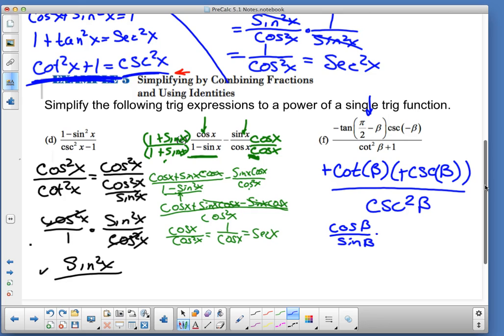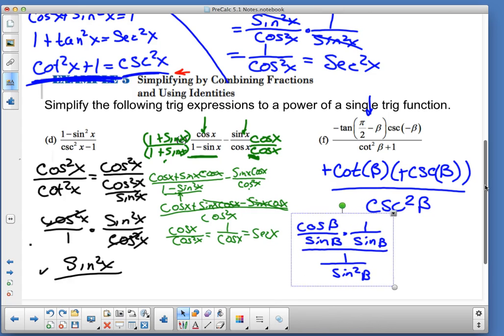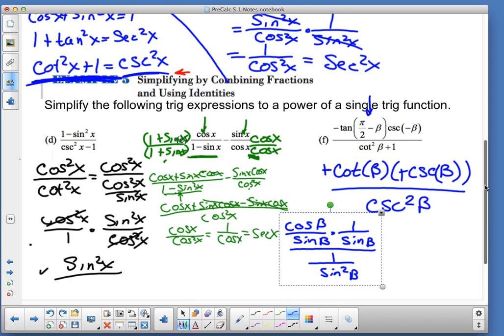Cosecant beta is 1 over sine beta, all over cosecant squared beta, which is 1 over sine squared beta. Now I can multiply the top and bottom, or I can look at it this way. I'm going to combine the top and bottoms and then switch things over.